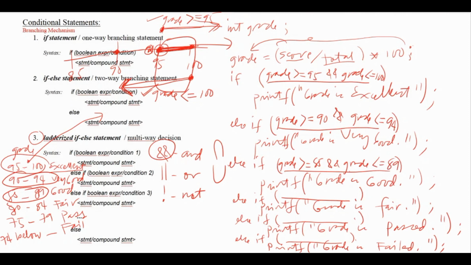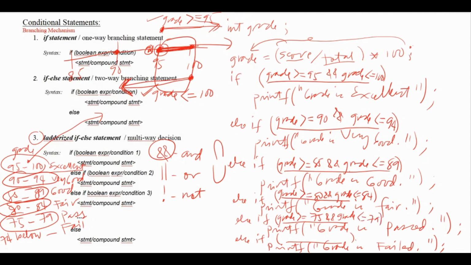And next, 80 to 84: grade greater or equal to 80 and grade less than or equal to 84. And then the next is if grade is greater or equal to 75 and grade is less than or equal to 79.